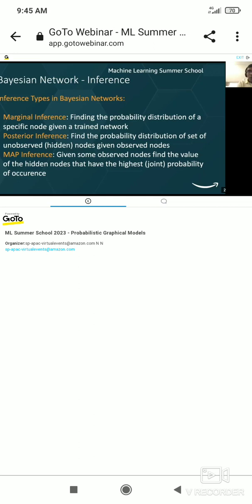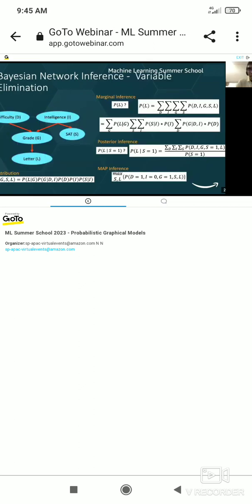Posterior inference, we talked about the posterior distribution earlier, involves finding the probability distribution of a set of unobserved nodes given some other nodes which have been observed. And finally, MAP inference, wherein you want a point estimate of the unobserved features by maximizing the posterior probability. We will look at these three inferences by taking the example of the student network.